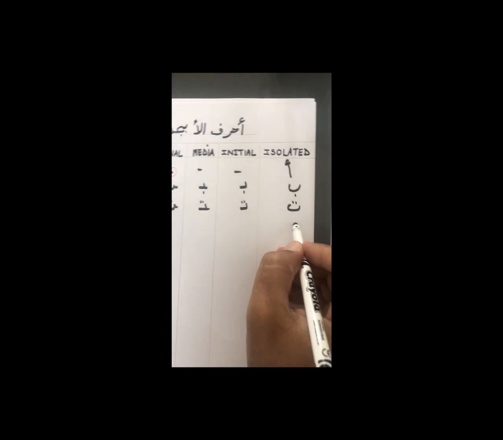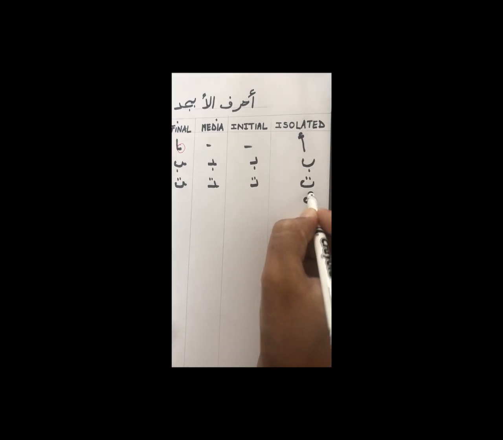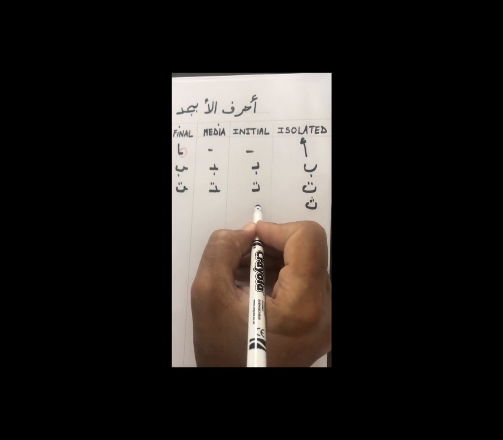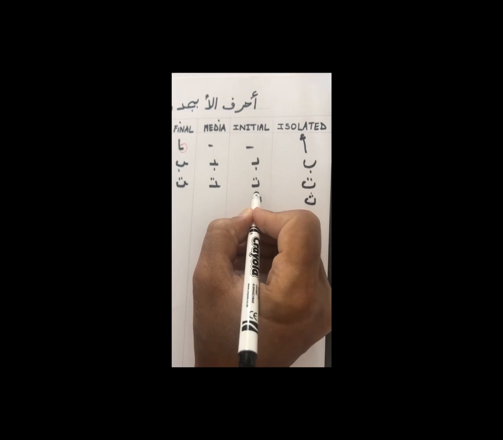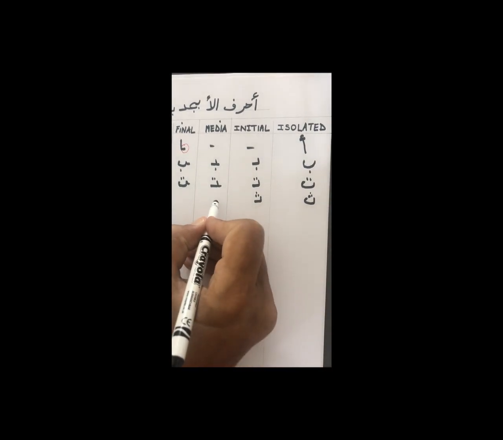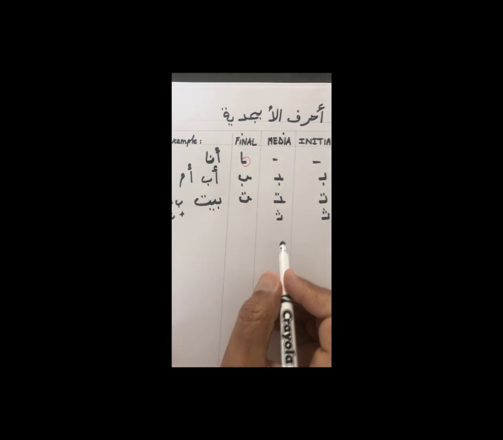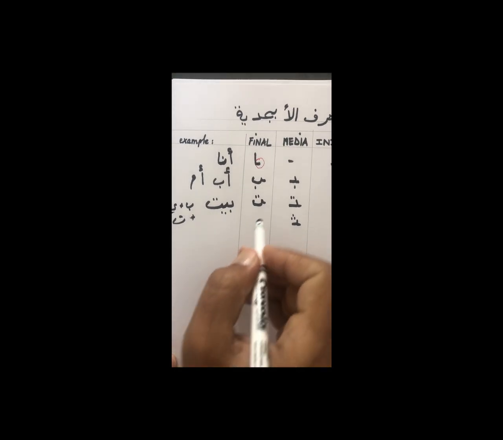Now, it will be similar to the above letters, just like that, but with 3 dots. 3 dots for the initial, the medial as well, with a little liaison.